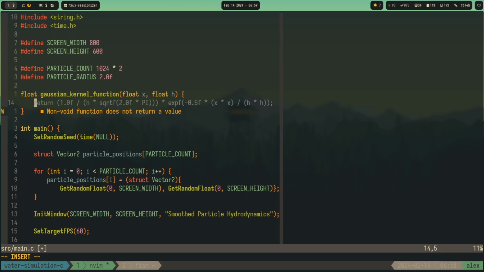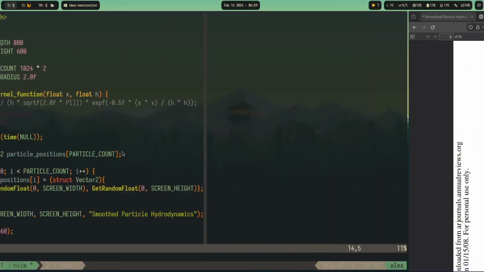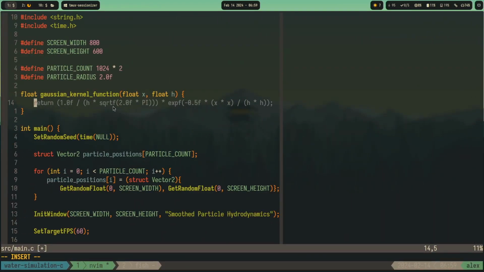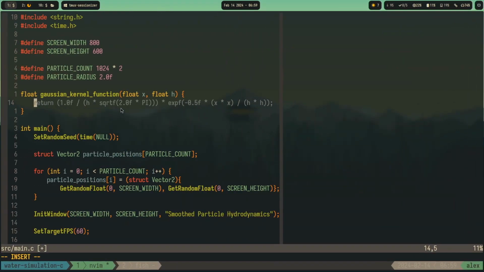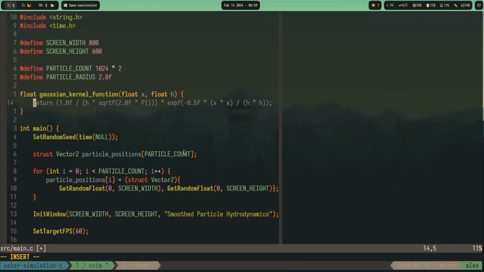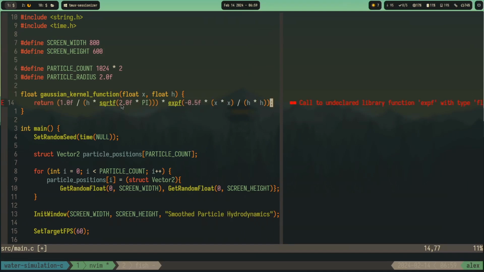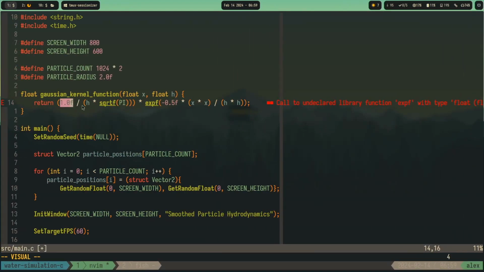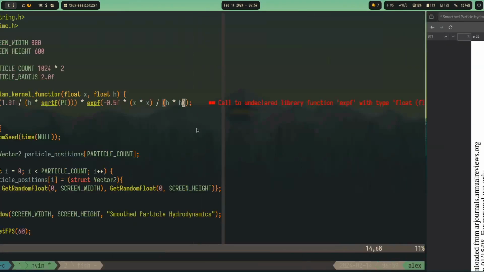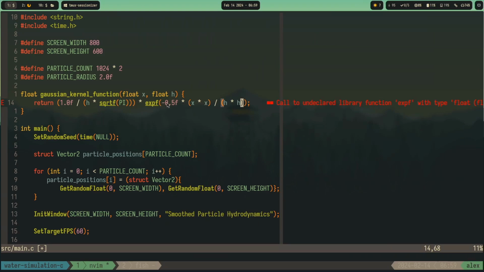So I think Copilot already knows, maybe 1 divided by h times 2. Wait, it's almost there, but not quite. So here we only have 1 divided by h times this thing, and then it's x, and here it's 1.0.